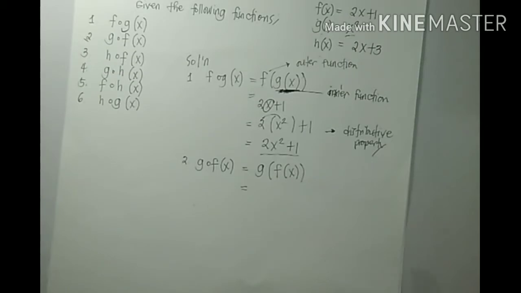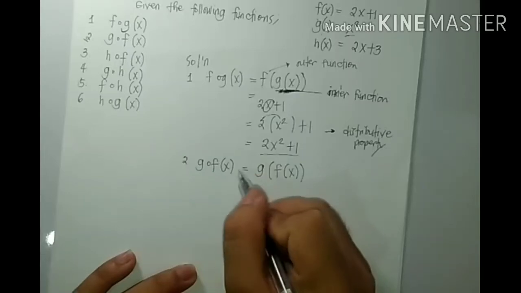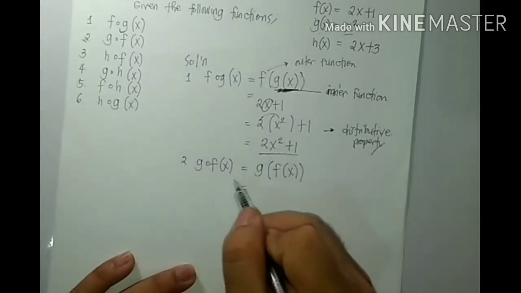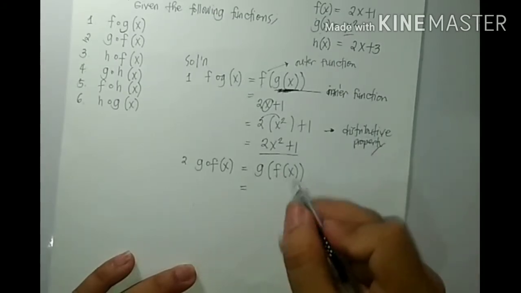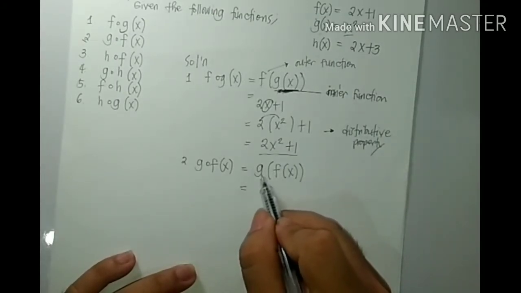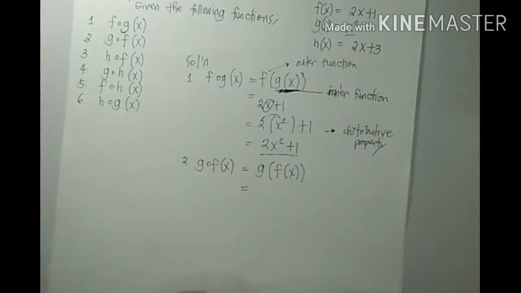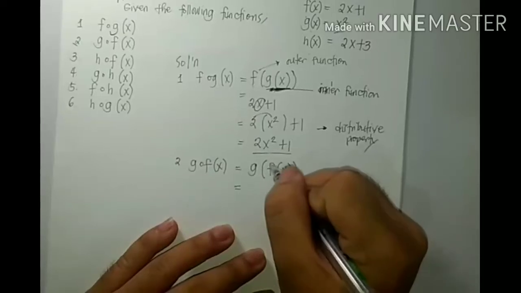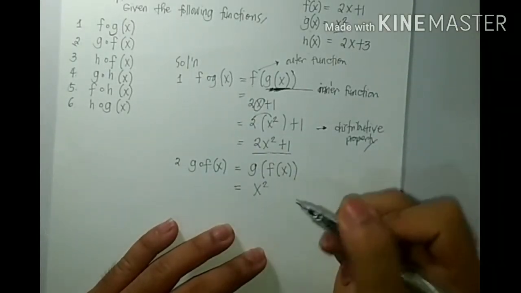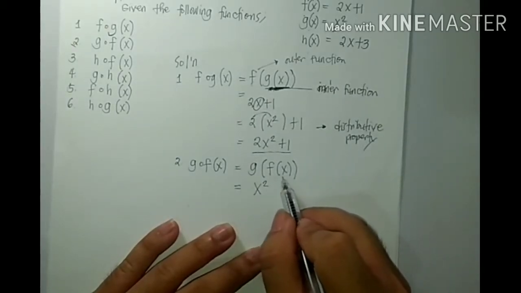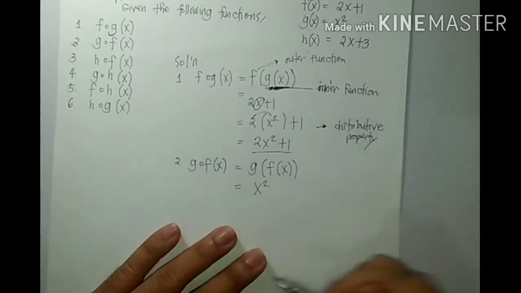Next example, we have g composed with f of x, which can be written as g of f of x. We already have the given value of g of x, which is x squared. So we need to write, as we all know, that our f of x is the inner function and our g of x is the outer function.